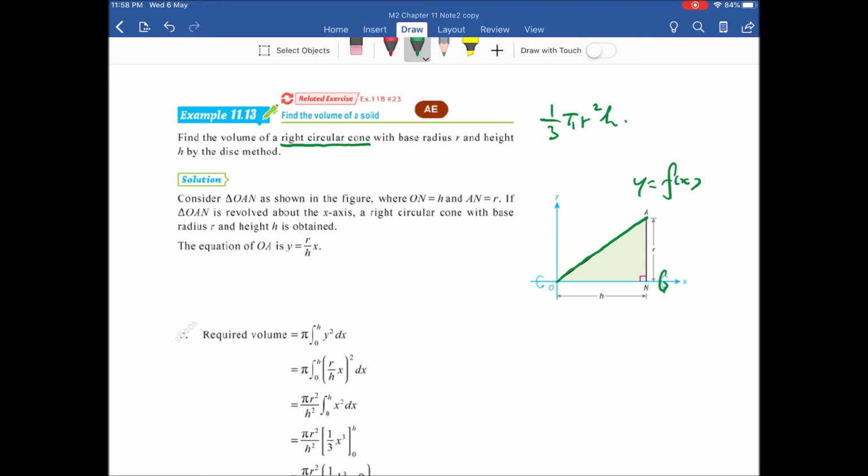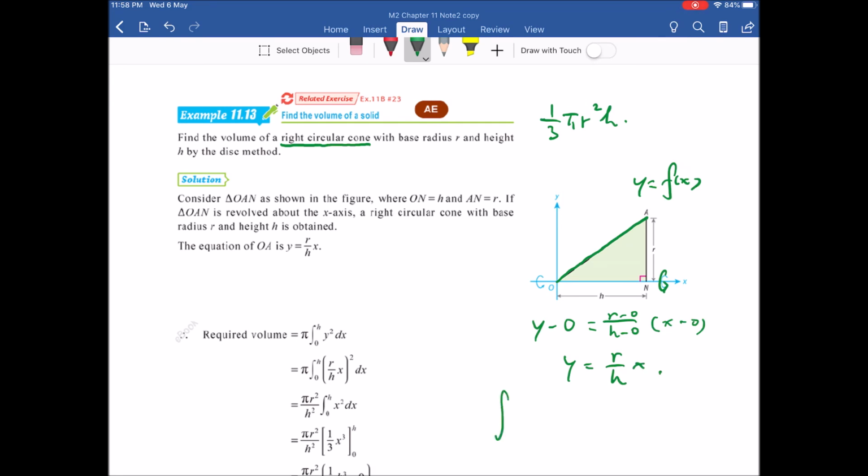This line passes through the origin, and the slope is (r minus 0) over (h minus 0). That is y equals r over h x.